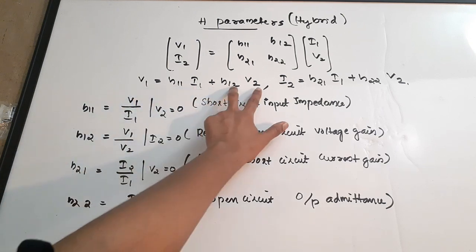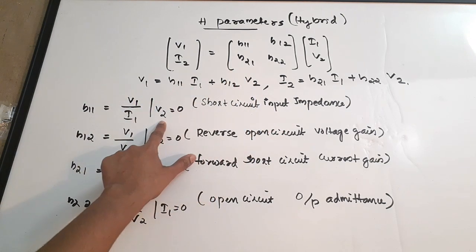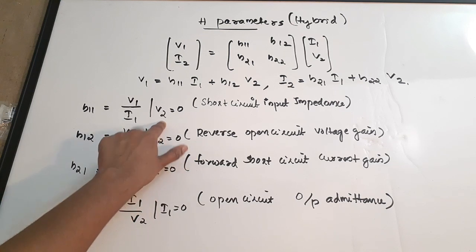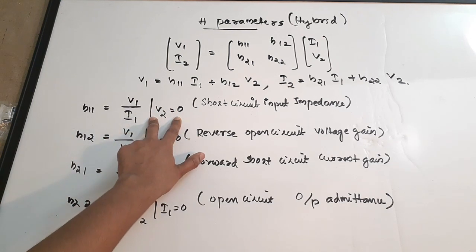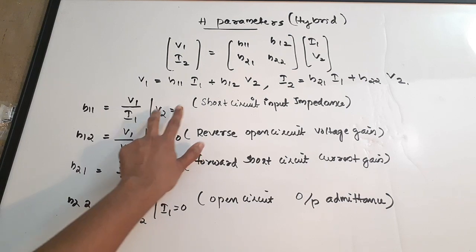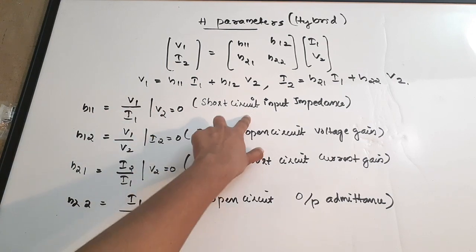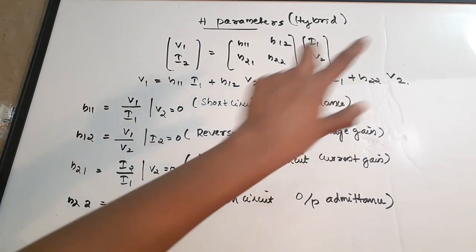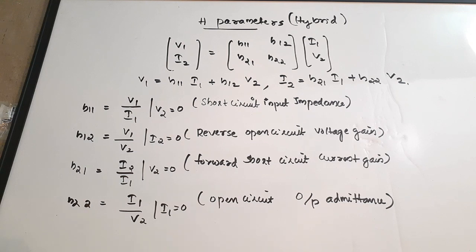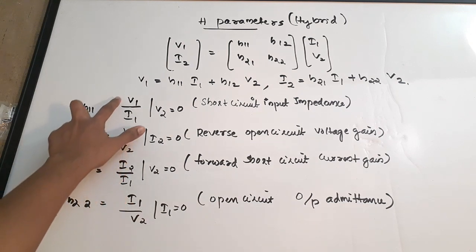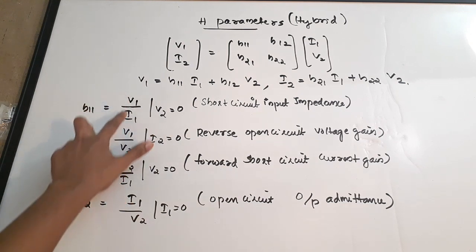See here, we are making V2 equal to 0. If V2 is equal to 0, it means we are going to short circuit the output port, right? So H11 is called short circuit input impedance. Why is it called input impedance? Because you can see here, this is the ratio of V1 by I1.